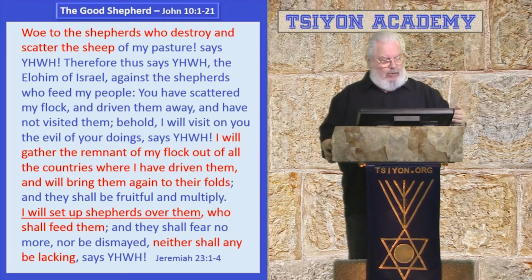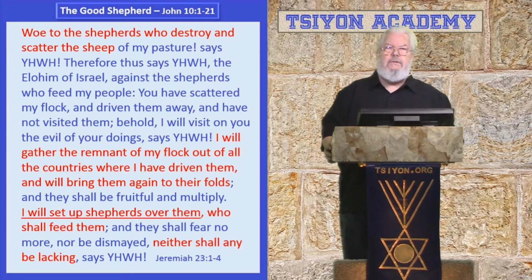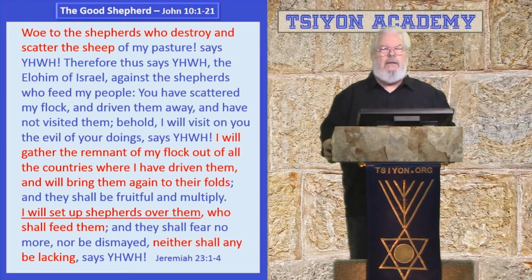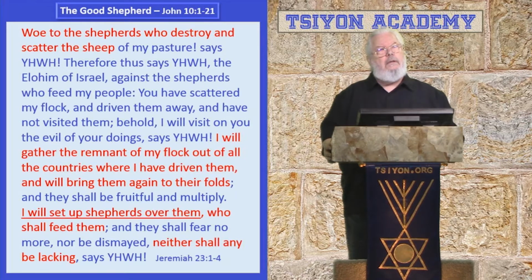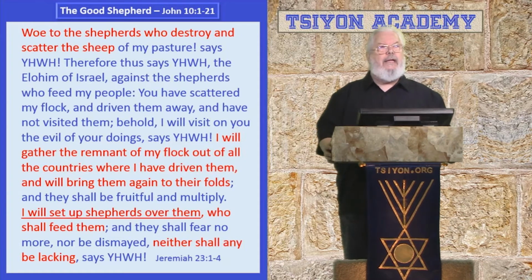Because Yahweh has promised to set up righteous shepherds, so that exactly what Yeshua is describing in this story that we're reading, that's exactly the plan that we're seeing unfolding, that Yahweh is doing.